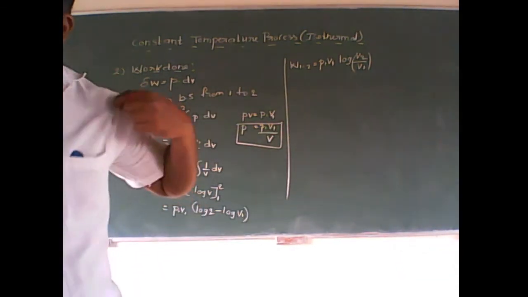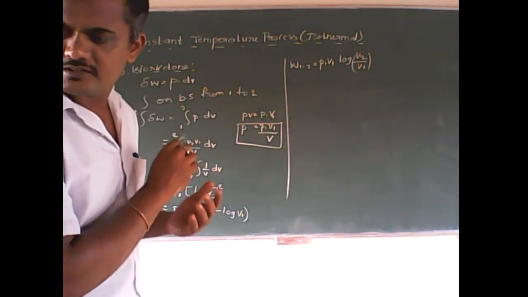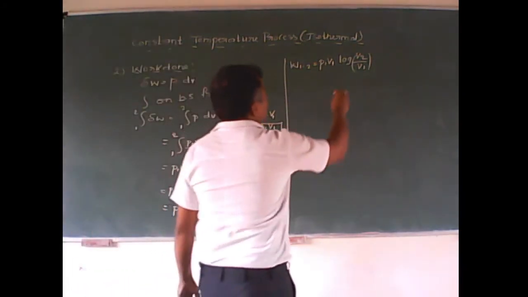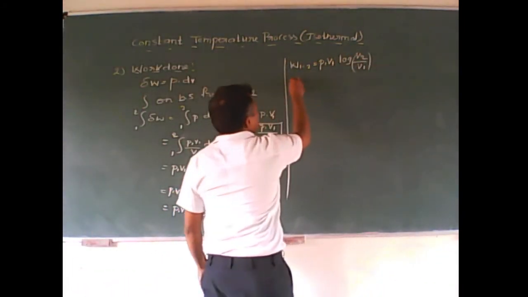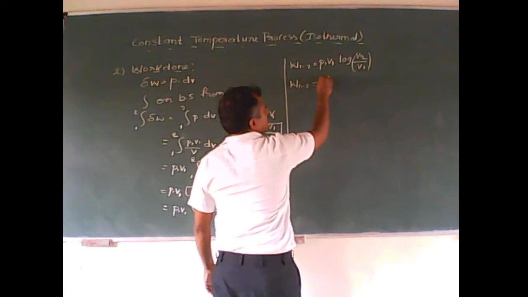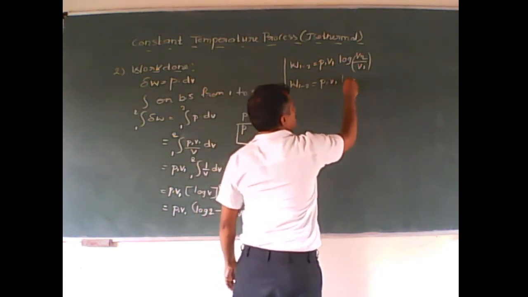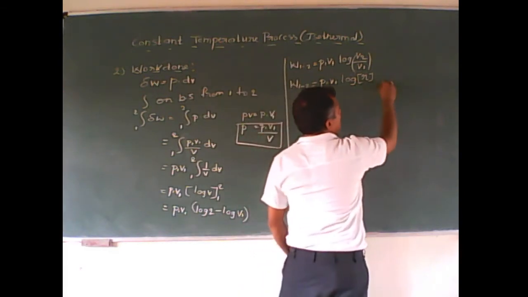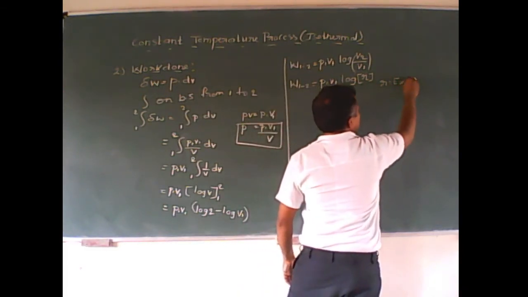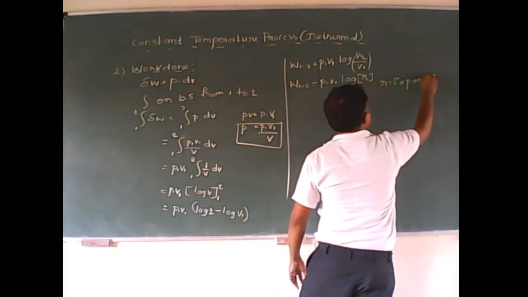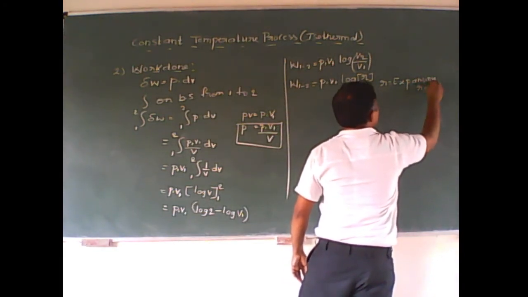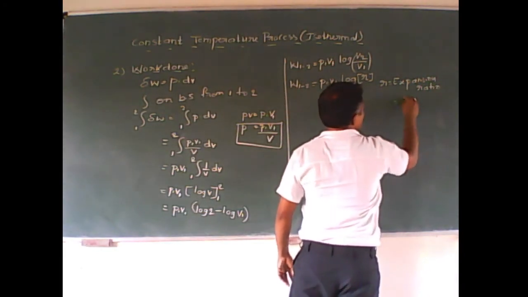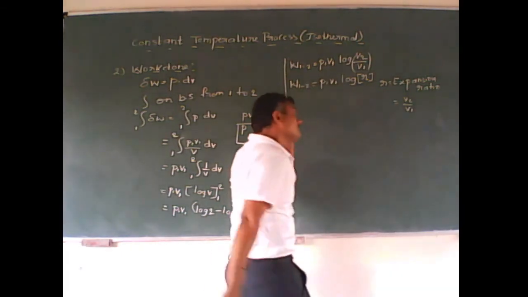Okay. So this V2 by V1 can be considered as the expansion ratio. Instead of V2 by V1, I can write P1 V1 into log R, where R is the expansion ratio, which equals V2 by V1.